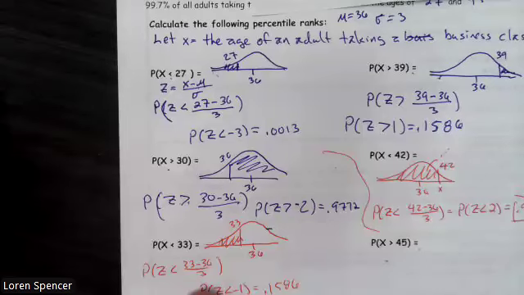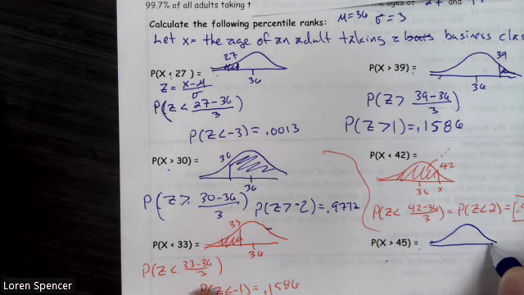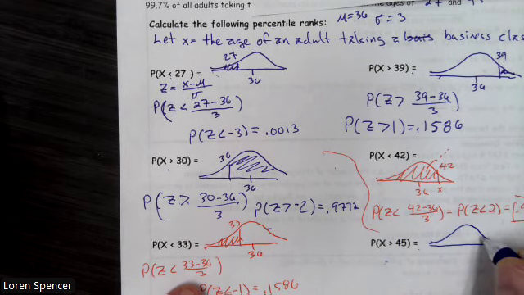Probability that X is greater than 45. We still have our mean at 36. 45 is above it. That's our X. And we want to shade this way.